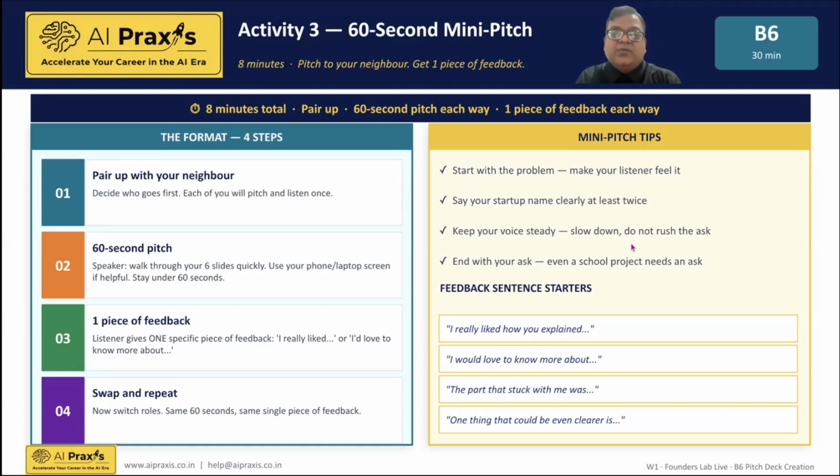When we get nervous, we tend to speak faster. Slow down then, especially when you reach your ask. And finally, end with the ask. Even if this is a school project, your pitch should make clear what you want next. Maybe you want feedback from your principal, from some of the mentors, users. You may need funds. Maybe you want to pilot it or something else.